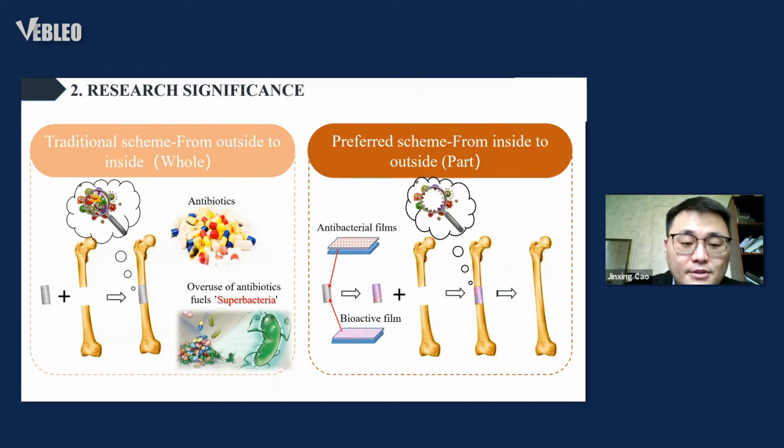Therefore, we proposed a scheme that directly modifies the implant surface with antibacterial agents to achieve non-active bacterial solution to infection. Also, we are considering the use of bioactive material for implant surface modification, which can promote bone tissue repair.